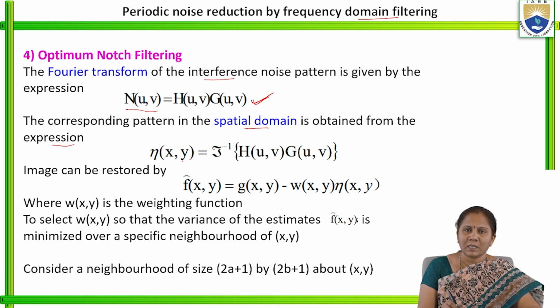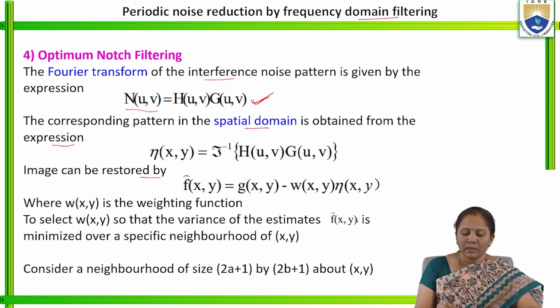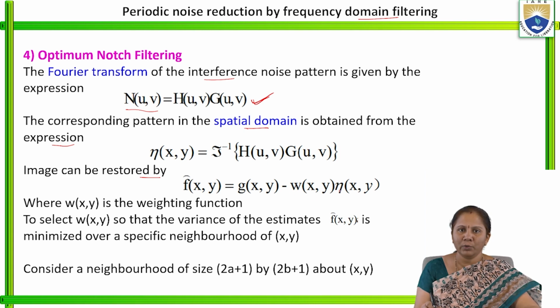So eta(x,y), which is the additive noise, is equal to the inverse Fourier transform of H(u,v) into G(u,v). So the image can be restored, that means according to the block diagram of the image restoration degradation process, f cap of (x,y) is the estimated output. So f cap(x,y) is equal to g(x,y) minus w(x,y) into the additive noise eta(x,y).